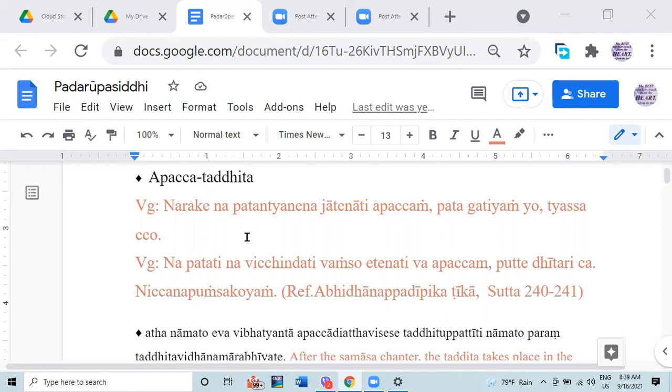is intransitive. The root part is intransitive. So here, although the root pata's meaning is given as gadiya, mostly the root part is defined by pata, like patani. In this case, it is gadiya, so you think narake should be accusative.